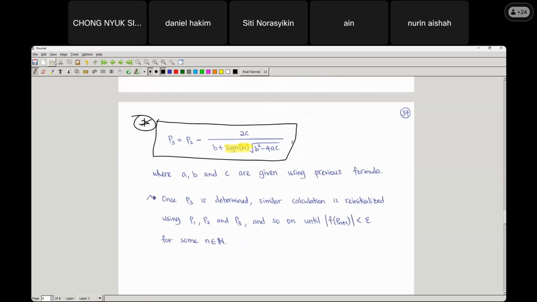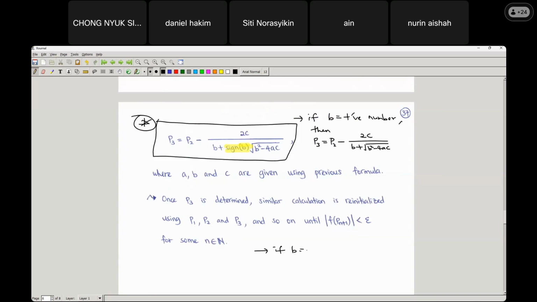What does it mean? If your B is a positive number, then your P3 becomes P2 minus 2C over B plus the square root of this.